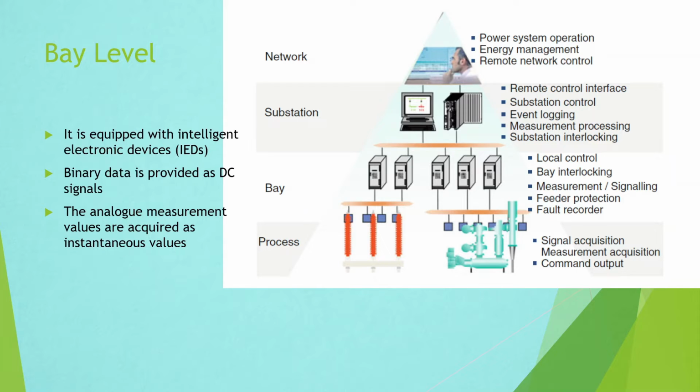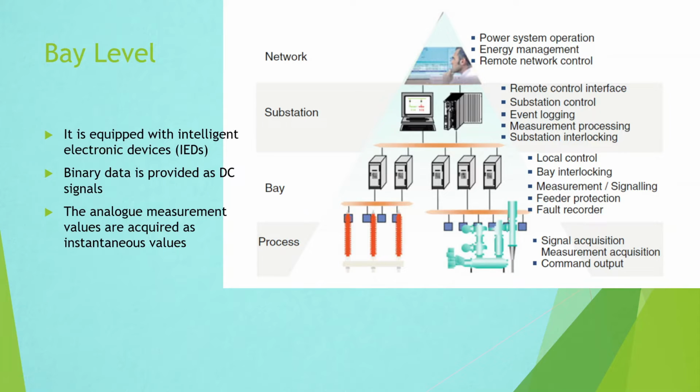The binary data is provided as DC signal at 24, 48, 60, 110 or 220 volt DC. The selection of rated DC voltage depends on the practice of the network operator. The DC voltage is available in separate and mainly redundant DC networks supplied by storage batteries. The batteries are permanently charged from the auxiliary AC networks.